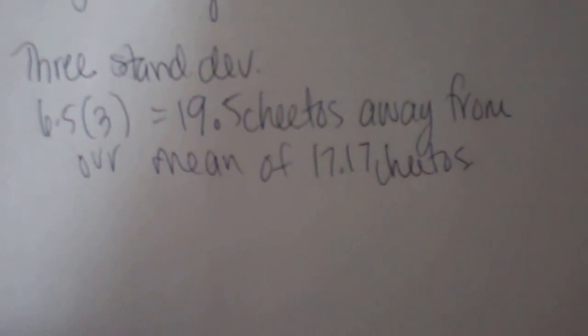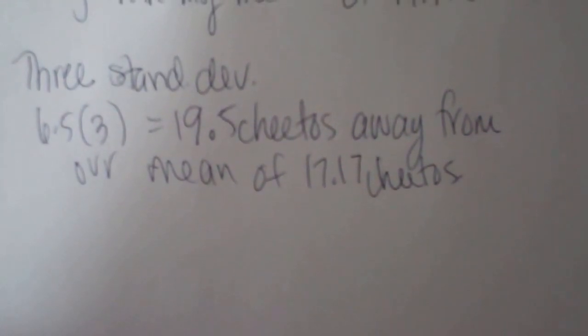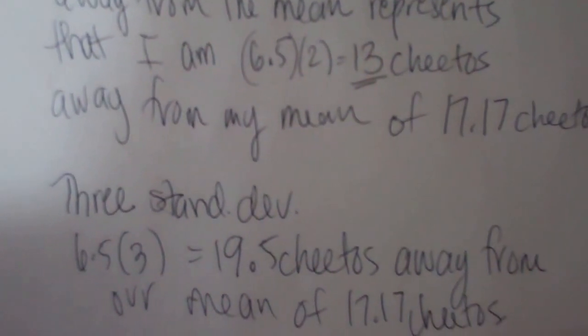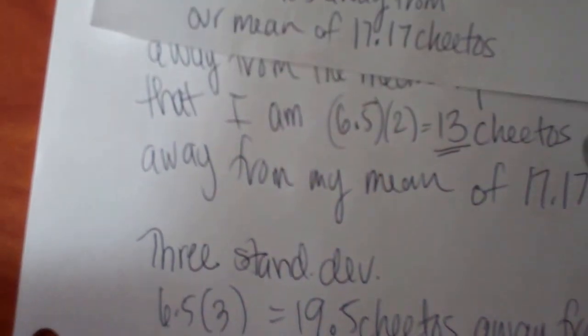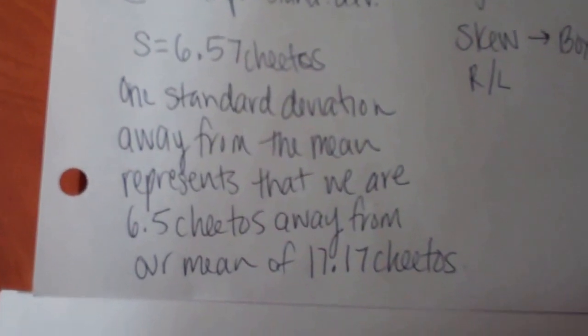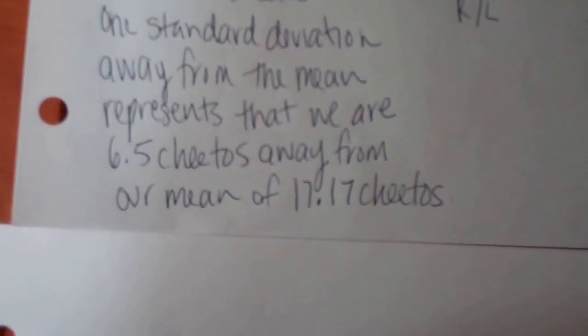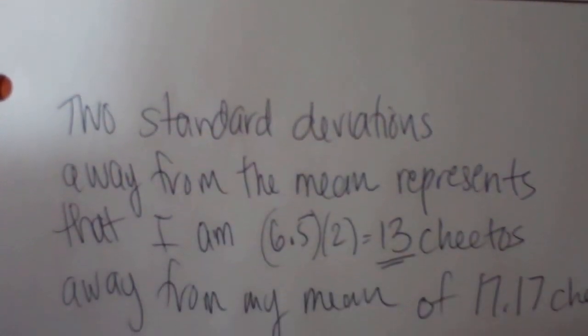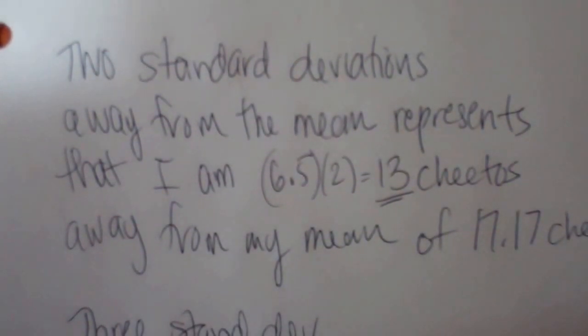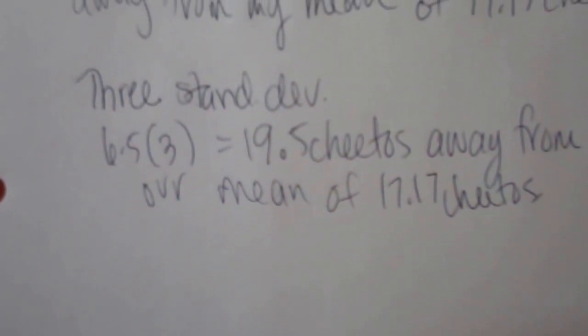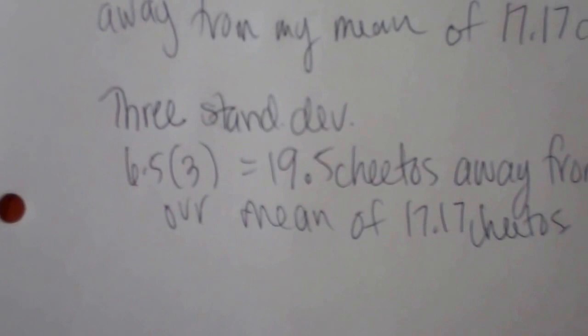As you can see, we're getting further and further away the more standard deviations we go. 1 standard deviation is 6.5 Cheetos away from our mean. 2 standard deviations is 13 Cheetos away. 3 standard deviations is 19.5 Cheetos away.